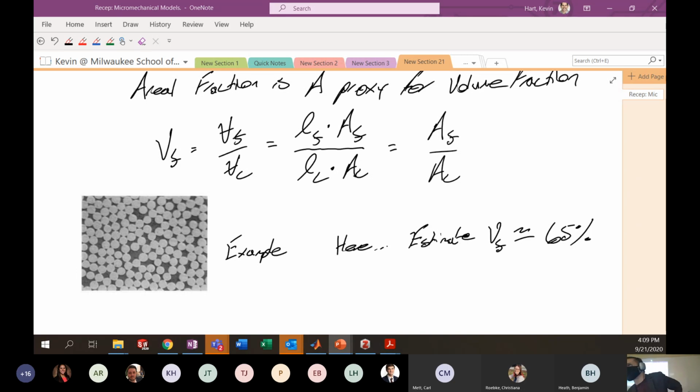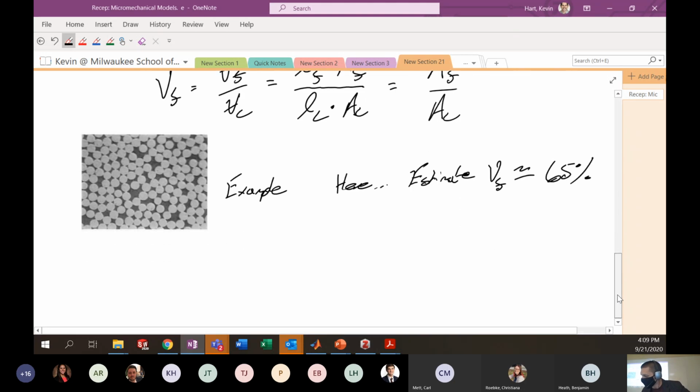Now, there are some limits on volume fraction for real composites. And this mostly comes down to the packing that you could have for fibers in a cross-section. So you've probably familiarized yourself with hexagonal close packing or cubic packing from your material science classes.